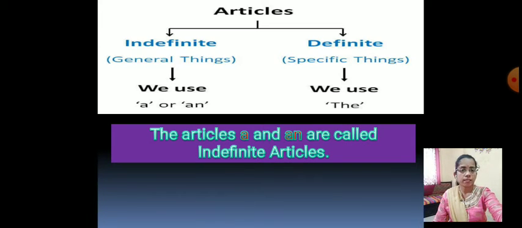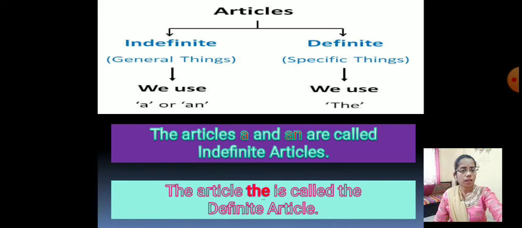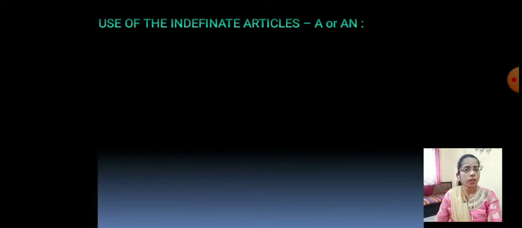The articles a and an are called indefinite articles. The article the is called the definite article. Now, the use of indefinite articles. There are two articles included in the indefinite articles. Which are they? A or an.